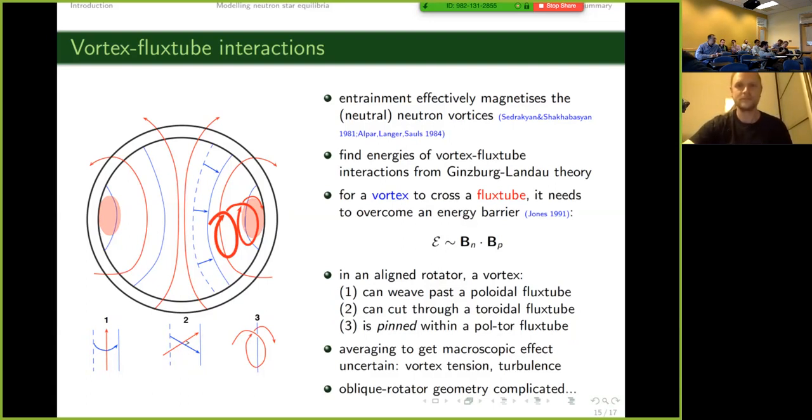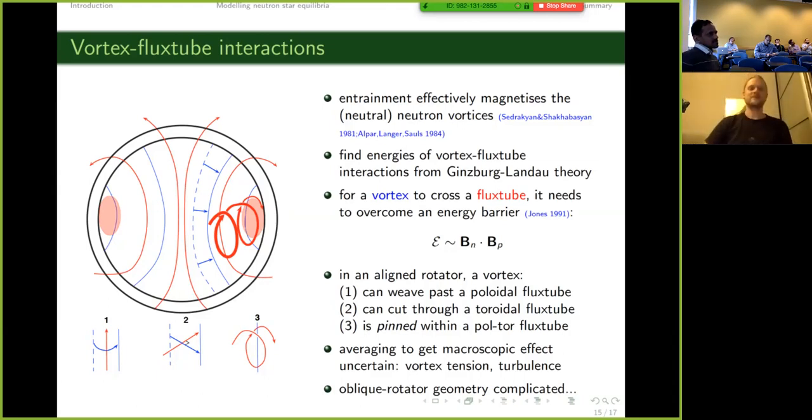Michael? Do you have anything to say about helicity and generation of fields and stuff like that? Does that play a role here? So the only thing I have to say about that is that within this kind of interpretation is a kind of neat thing.